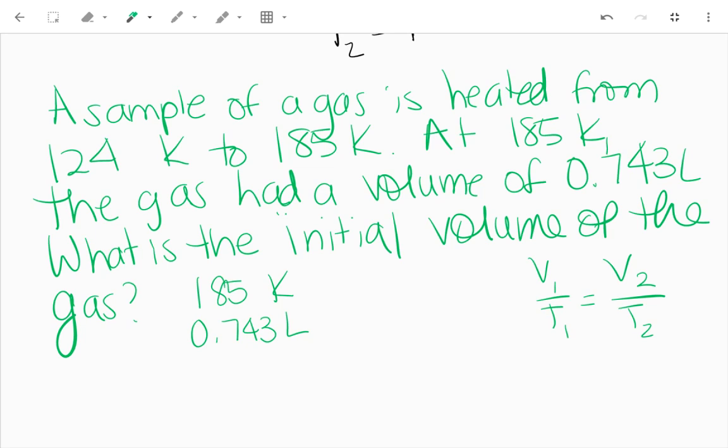But I'm going to keep it as V1 over T1 equals V2 over T2. So we have V1, the initial volume. That's what we're looking for. We have V2, the final volume, 0.743 liters.